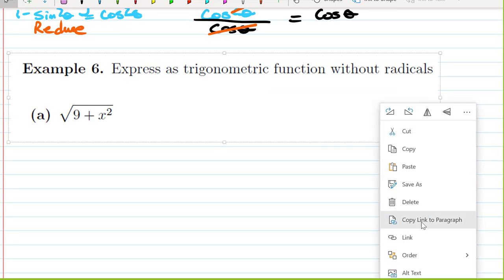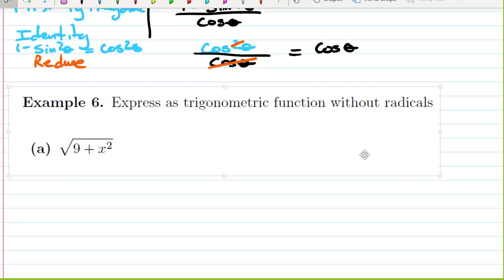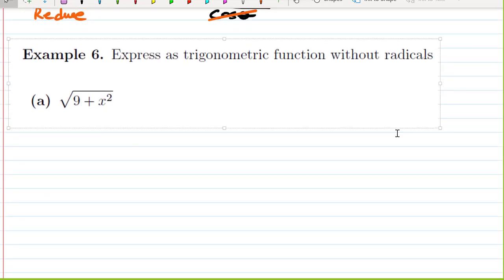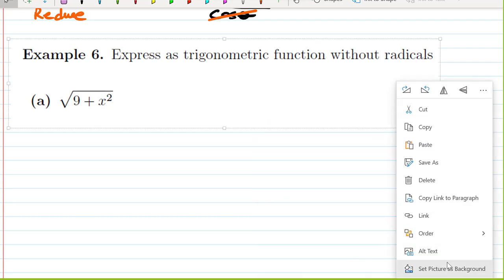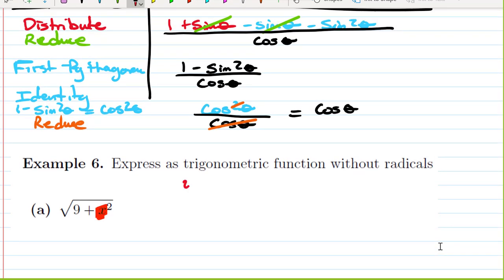So to simplify this expression, we're going to use the substitution x equals 3 tangent theta.